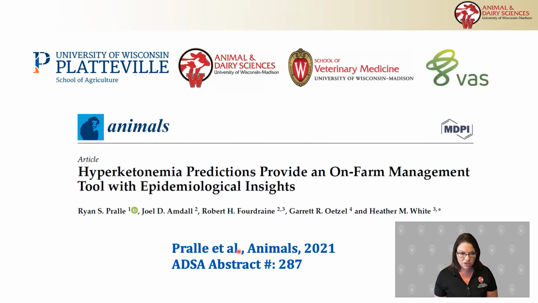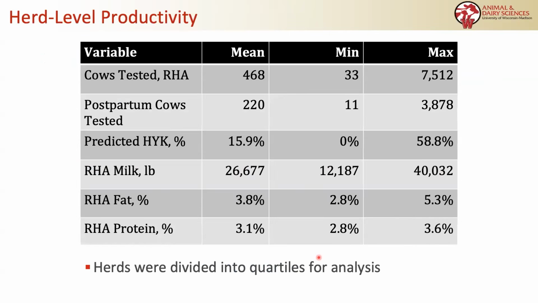We did actually publish this both as an abstract at the dairy science meetings pretty recently, and then it was also published in Animals, an open access journal. So you can find all of this if you're interested in diving into the nitty-gritty results of this study.